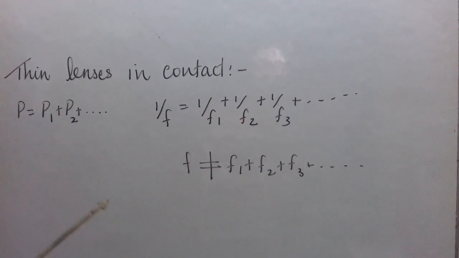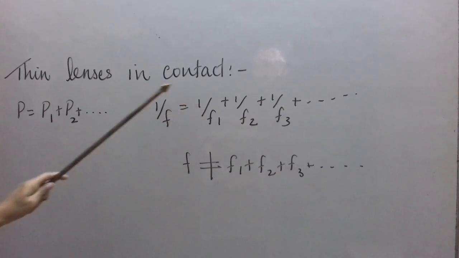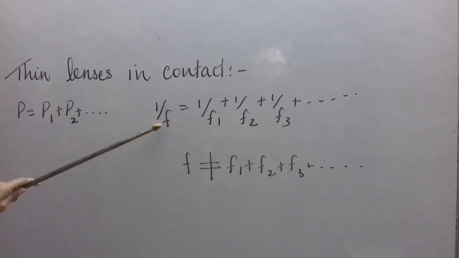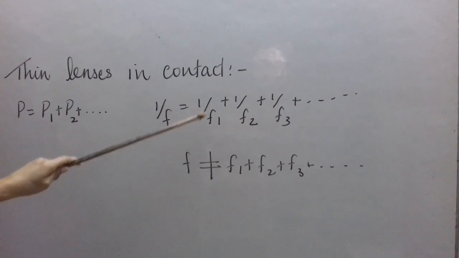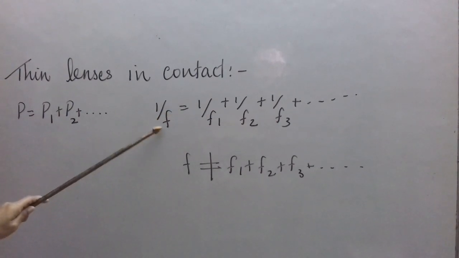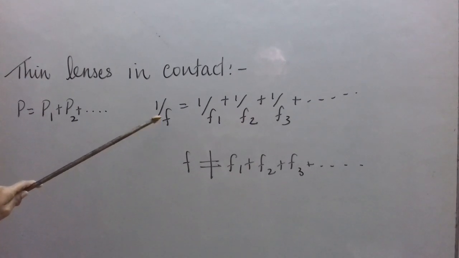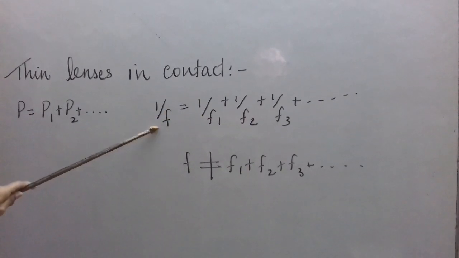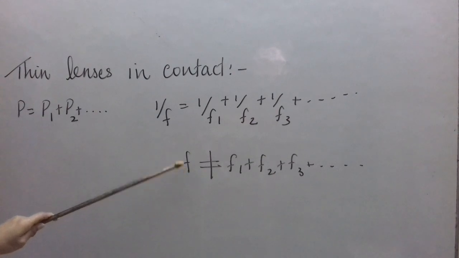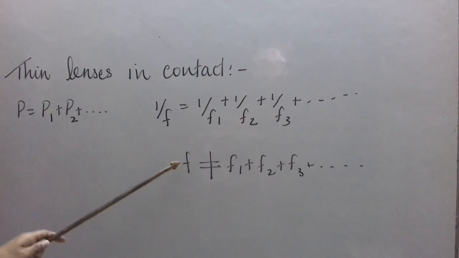It means when 2 lenses are in contact, we get the relation 1 upon F is 1 upon F1 plus 1 upon F2. This F is the focal length of the equivalent lens, which is the combination of the 2 lenses. But remember, F is not equal to F1 plus F2.